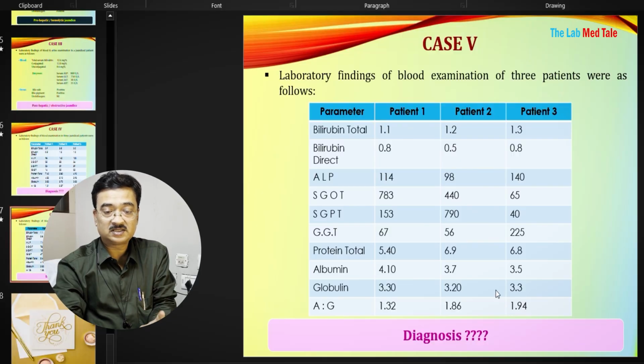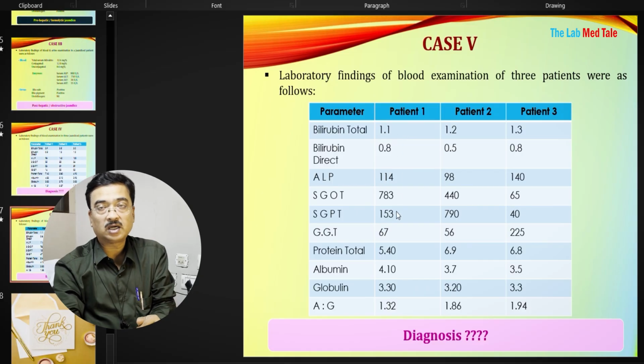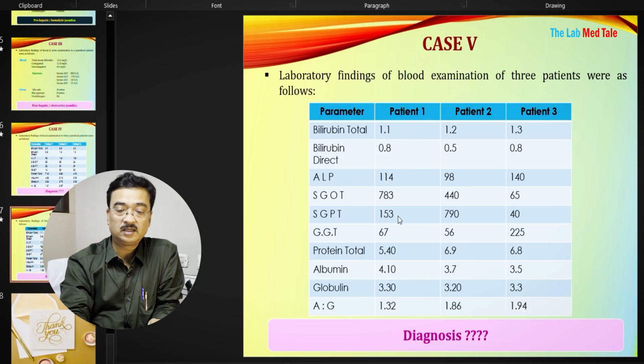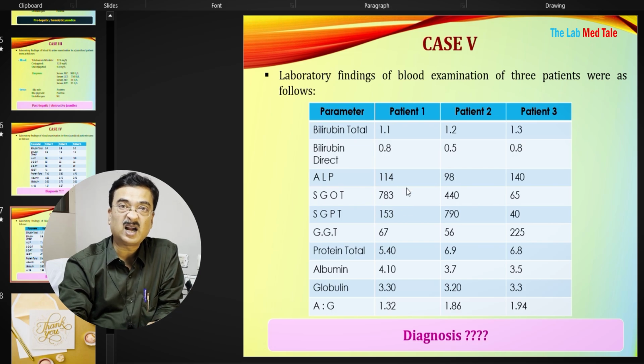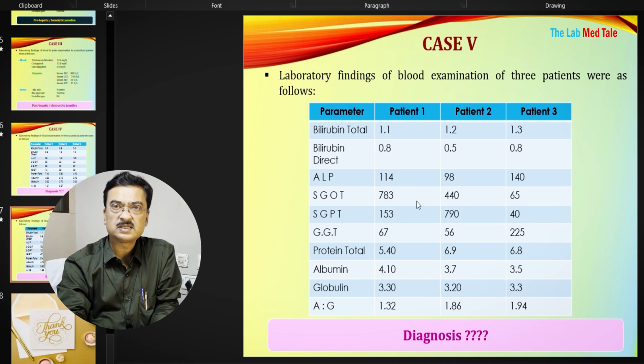So, you can look at it. The first patient is basically not a hepatitis patient at all. This rise in SGOT most likely happened because of either cardiac injury or muscle injury. So it's not a patient of liver injury.